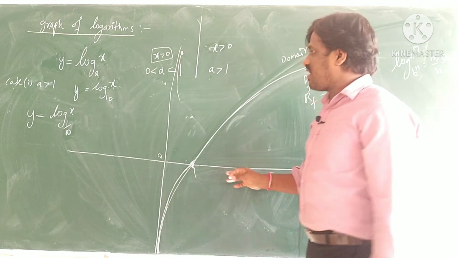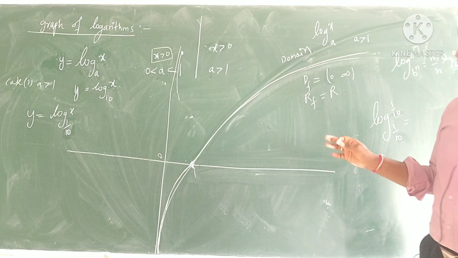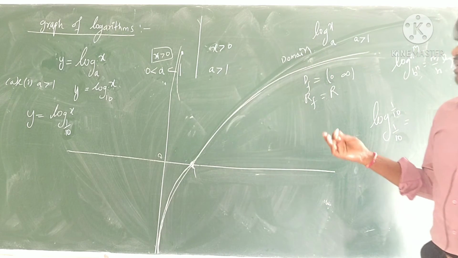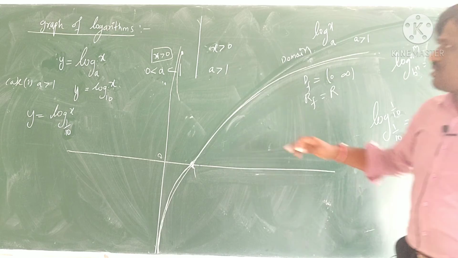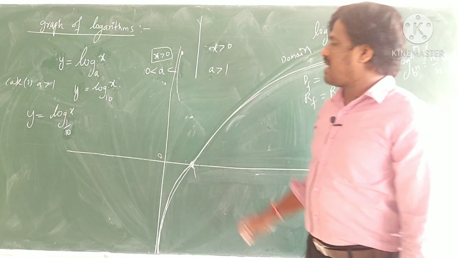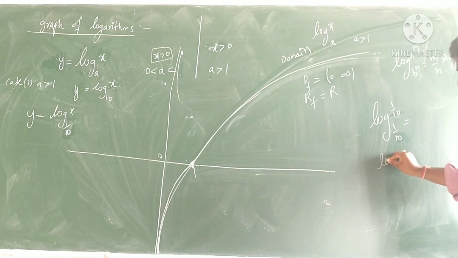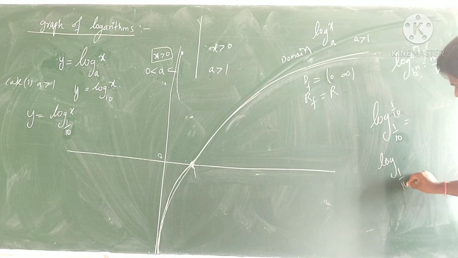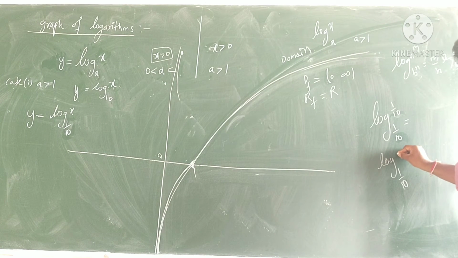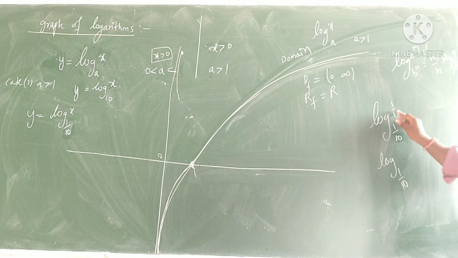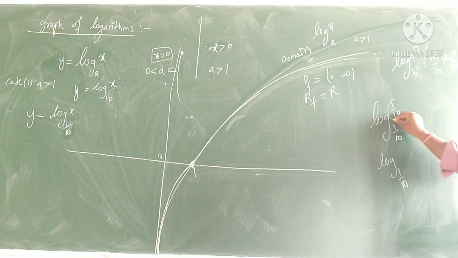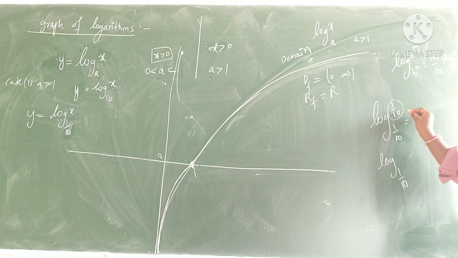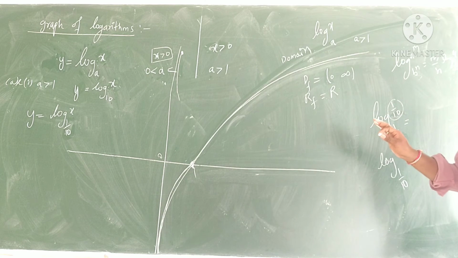If I cross 1 by 10, now I will take any number like 1 by 10, 1 by 2; these are all fractions. So 0 to 1 between, they all get the positive result.